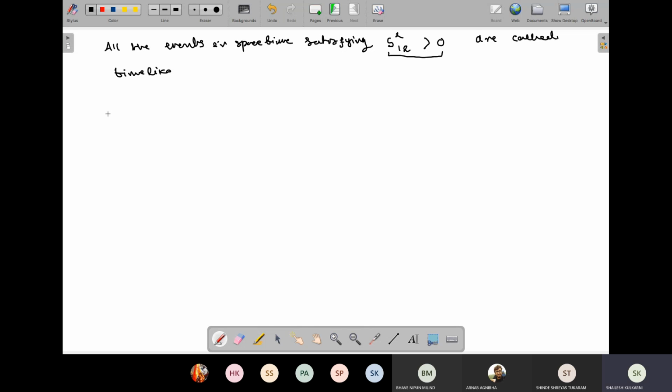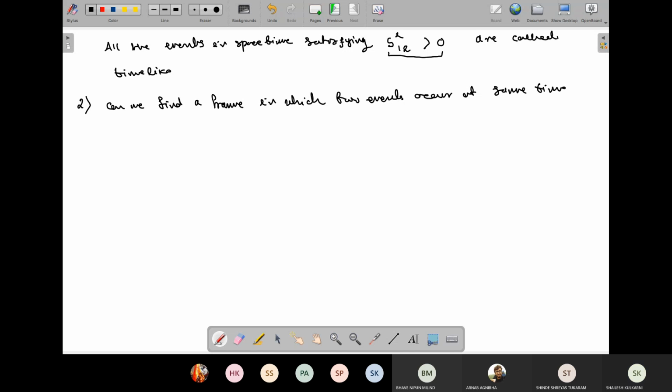Similarly, we can ask question number 2: can we find a frame in which two events occur at the same time, or you can say simultaneously.